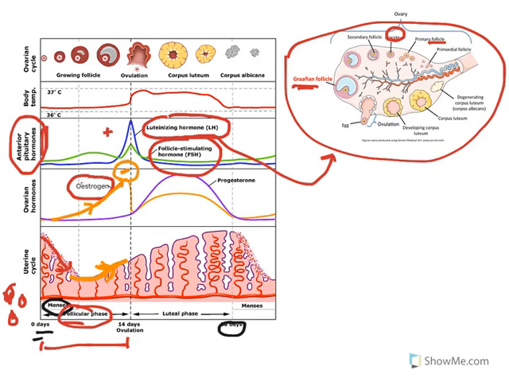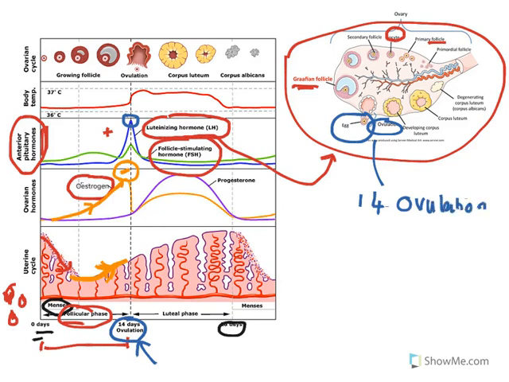And you can see a real high peak here at day 14. At day 14 is when ovulation happens. And you can see over here on the diagram, ovulation happening here. At day 14, ovulation, or the release of the egg, happens. And that is due to LH.